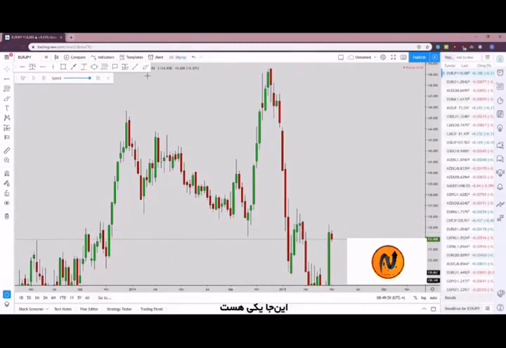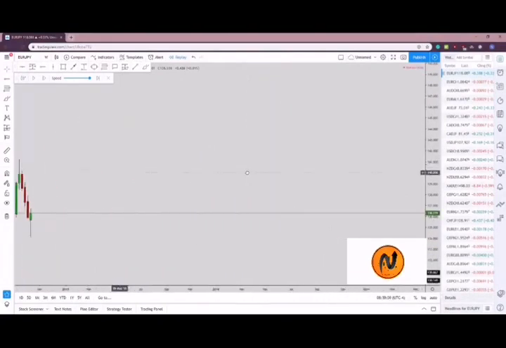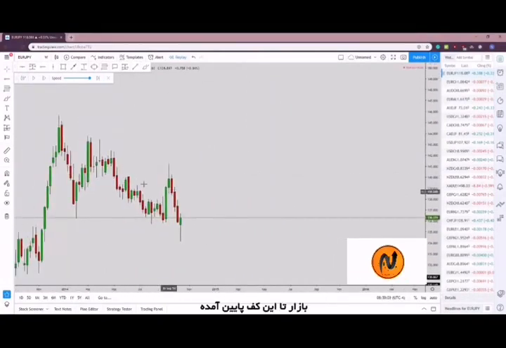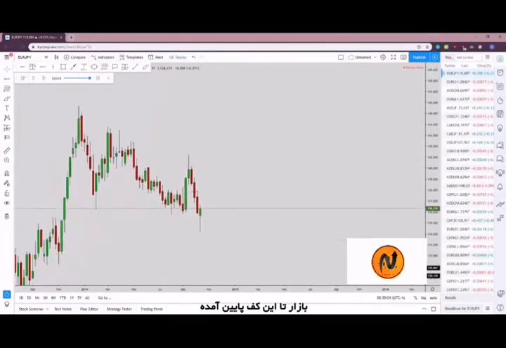Here you have another one. The market went all the way to this low, then went to the high. Actually, let's spot all the moves. The market went down, up, minor double bottom.